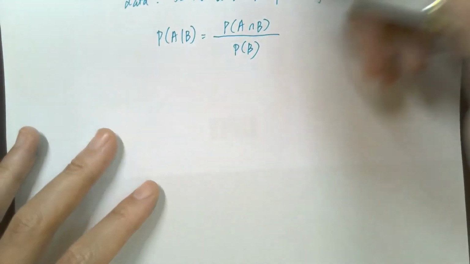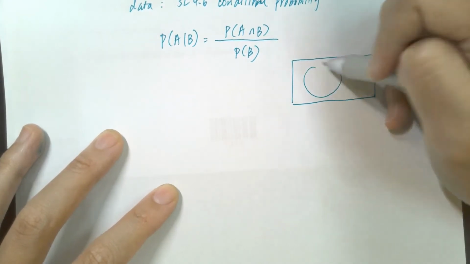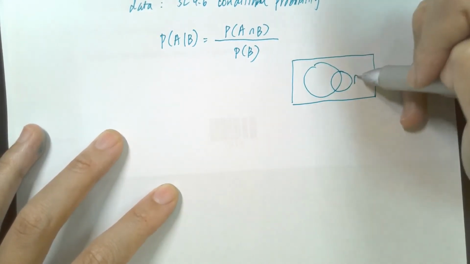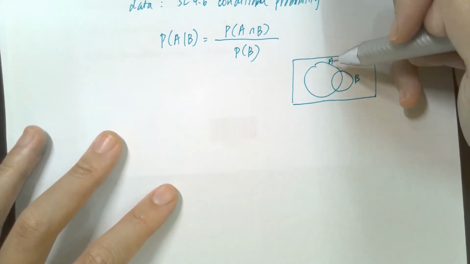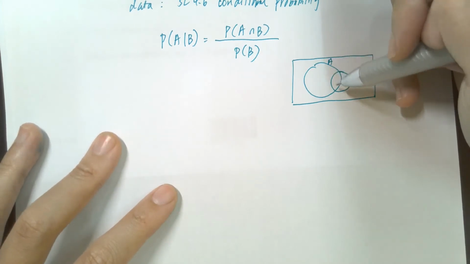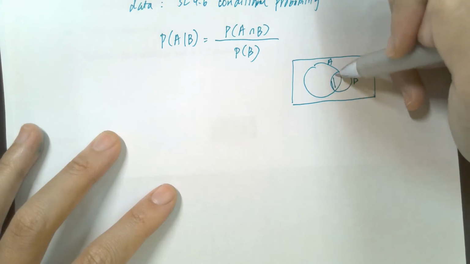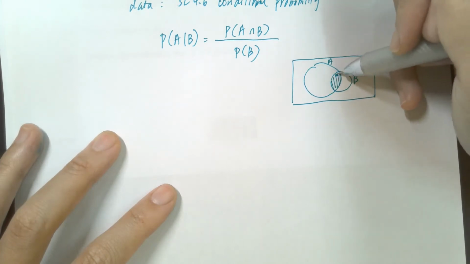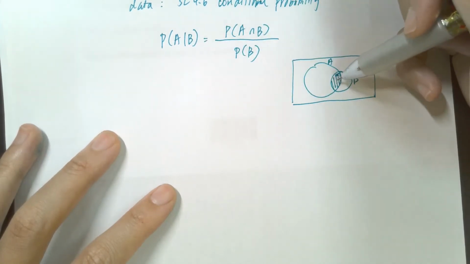If you remember what this means, let's say we have a Venn diagram, right? Probability of A is this, probability of B could be this. In essence, the probability that you would get an A, given that you know it's part of B, is really this area, right? This is the probability of A and B. This is the area the question is looking for.